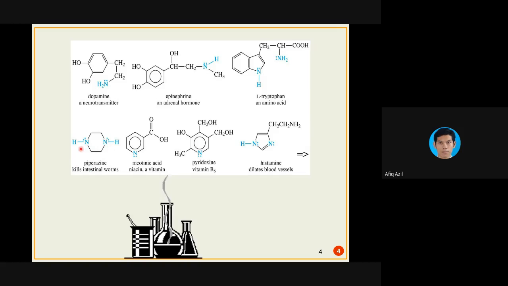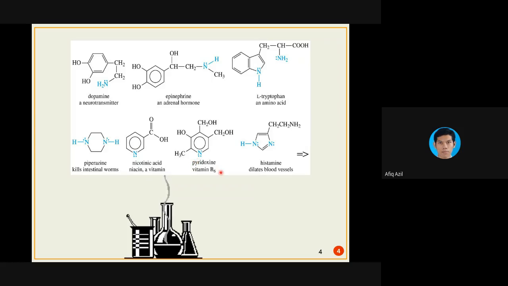And then we also have piperazine. This is basically a drug that is used to treat nematode infection or worms. Normally doctors will prescribe it in order to kill worms that are in our intestine. Then we have nicotinic acid, also known as niacin, a type of vitamin B, one of the many vitamin Bs.